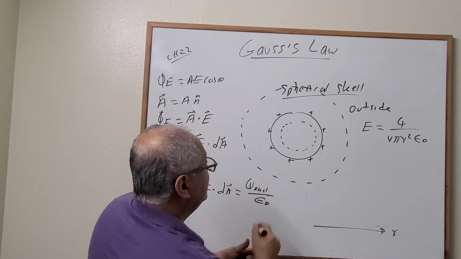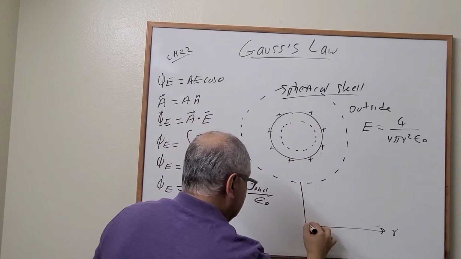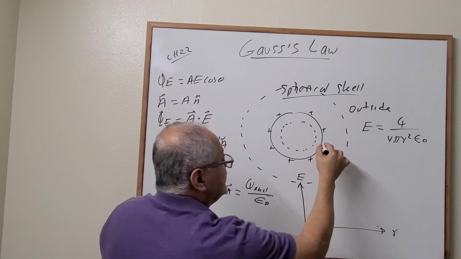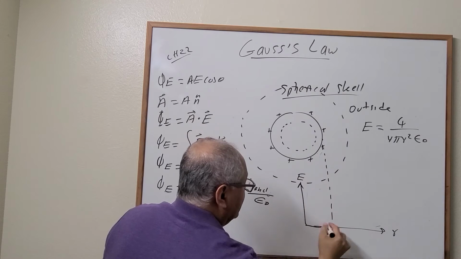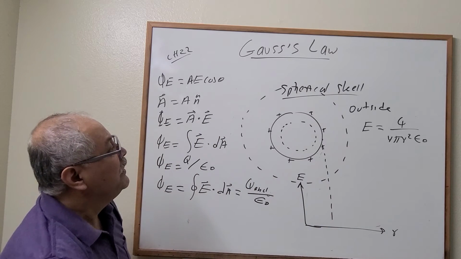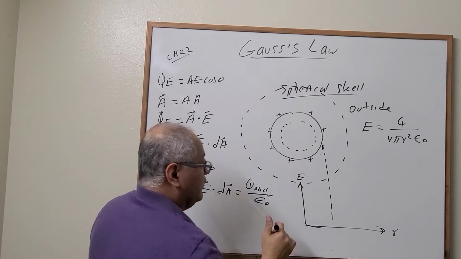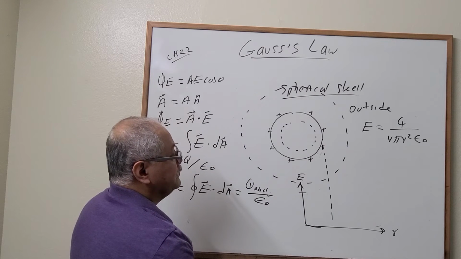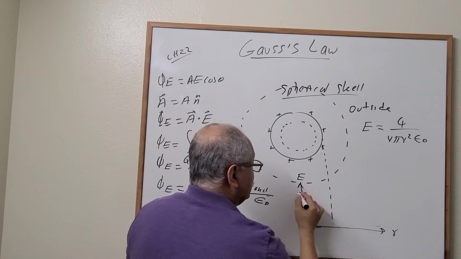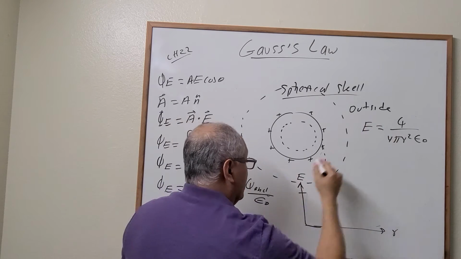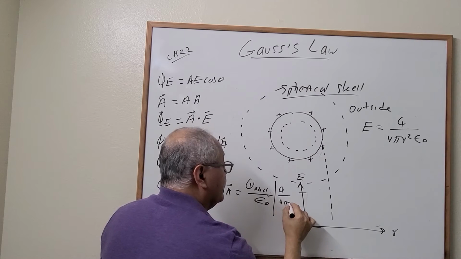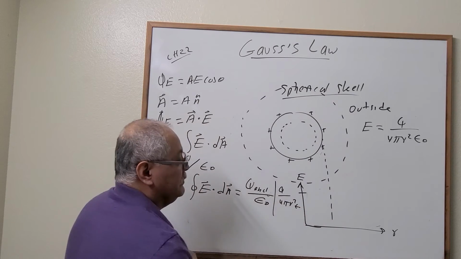This is the electric field. This is the edge of the sphere. Imagine this right here is the quantity of the electric field, q over 4 pi r squared epsilon naught.